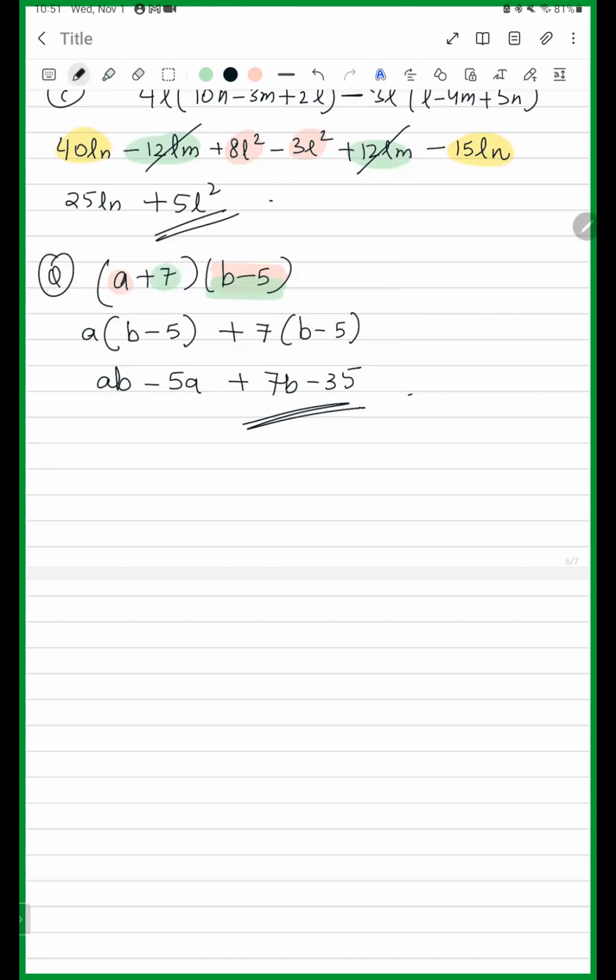Now let's come to the exercise. Exercise 8.4.